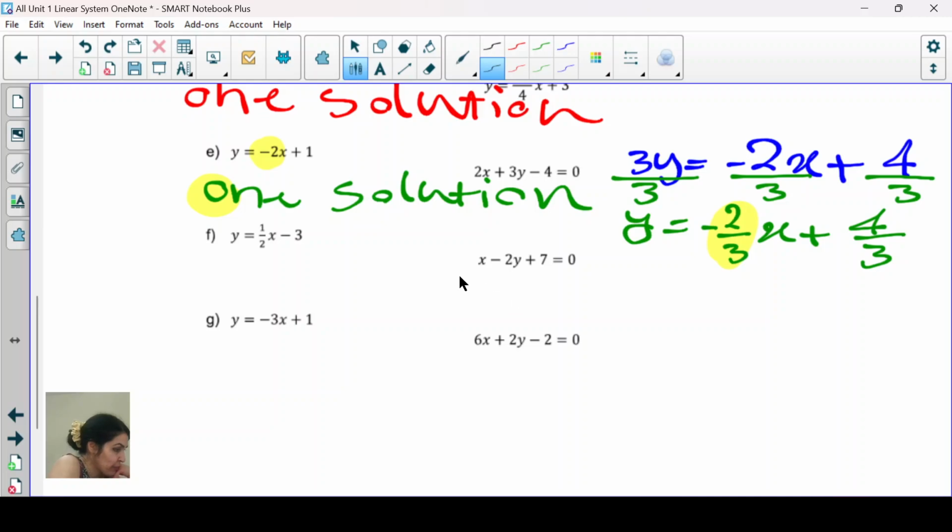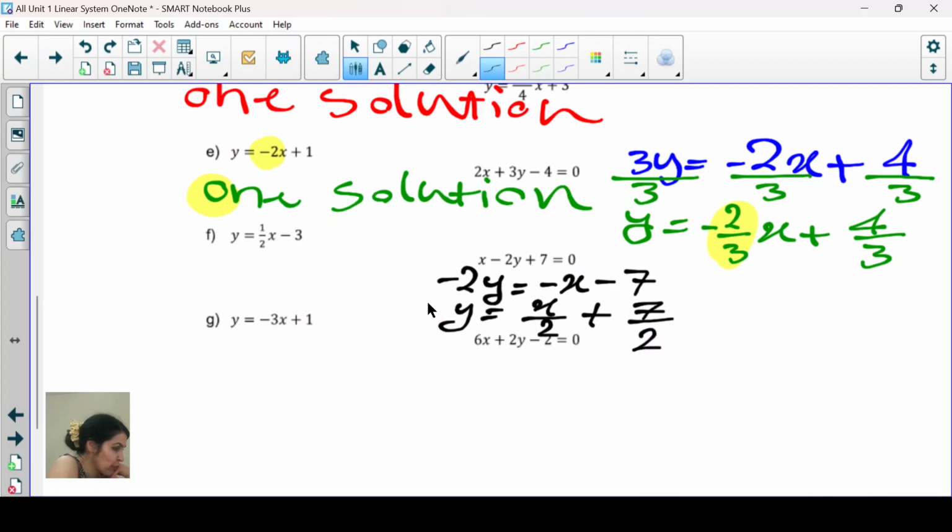We have negative 2y equal to, I move 7 and x to the other side, negative x, negative 7. y equal to, divide both by negative 2, x over 2 plus 7 over 2.